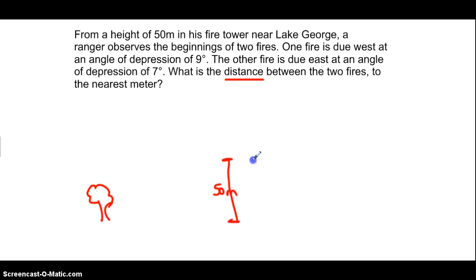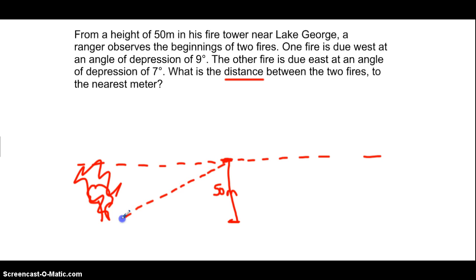And we have our horizon like this, it goes parallel out, okay? So he sees this fire happening due west, okay? The fire due west has an angle of depression of 9 degrees. So if he's up here looking at a height of 50 meters, he's looking down at the fire. He sees the fire at a 9-degree angle of depression, okay?